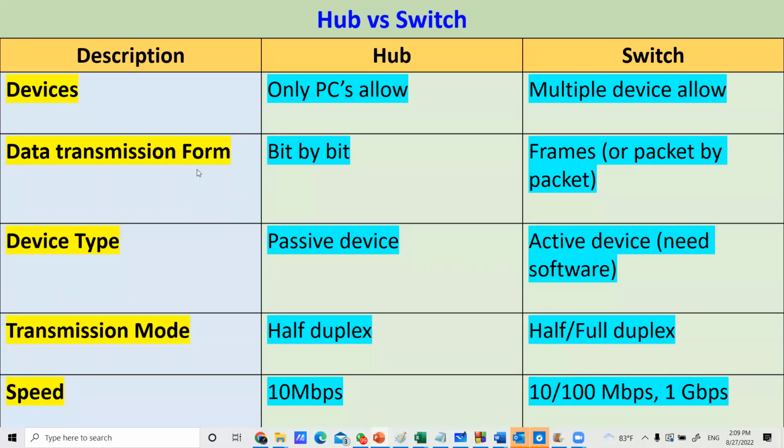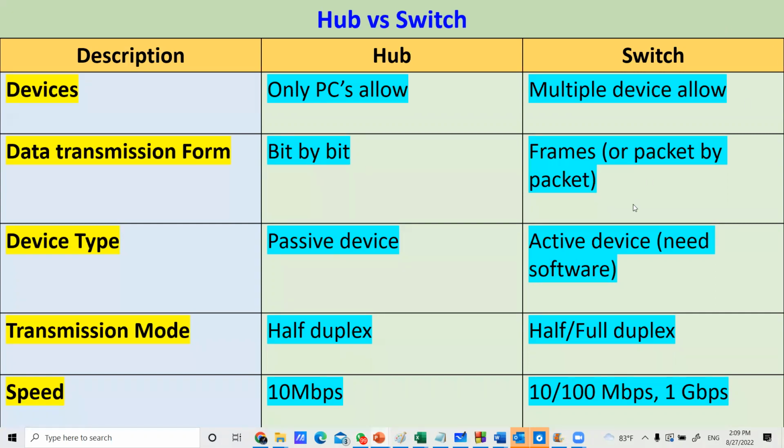Data transmission form. Right. Then look at the device type. It says passive. Hubs are passive devices. Switches are active devices. So some difference. When you are using a hub in the network, they are not using any kind of computer program, that means computer software.